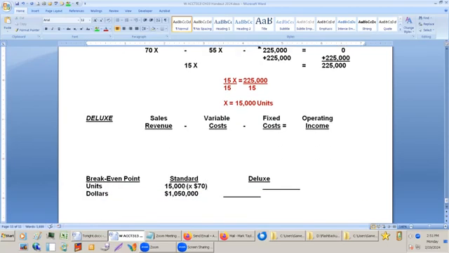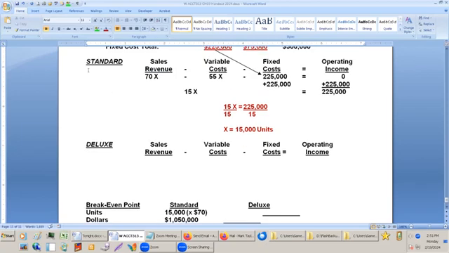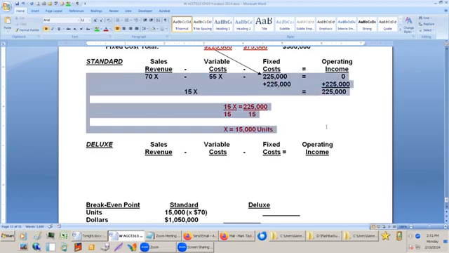Now, we know it's 6 to 1. Could just divide this by 6, and that would give us our deluxe. We'll go ahead and work it out, but you could do it that way.